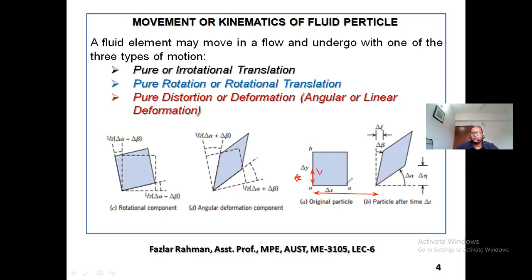But point A, how many velocity components does it have? Two components, u and v. So its v is not the same as this v.